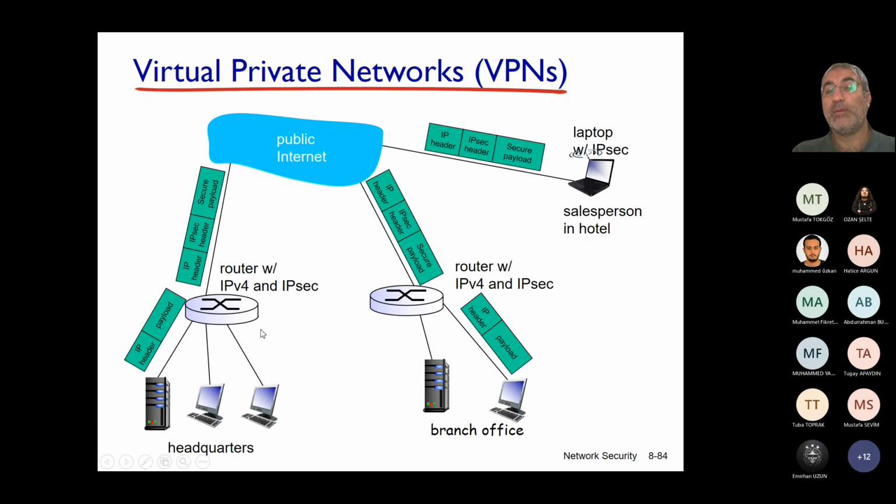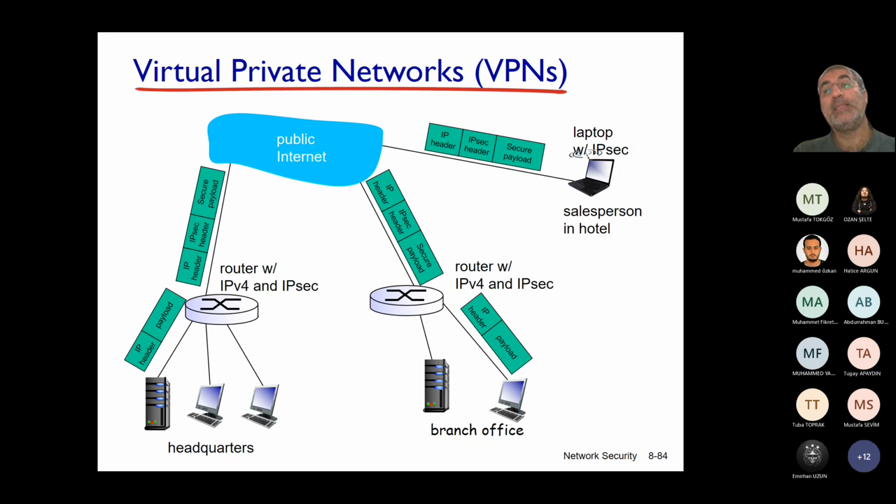It's not a regular router. It adds this IPsec header on top of this regular IP packet, and so simply we are encrypting this IP packet and then transmitting it over the public internet.